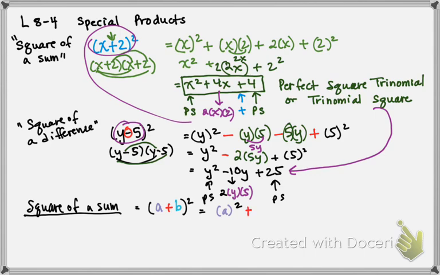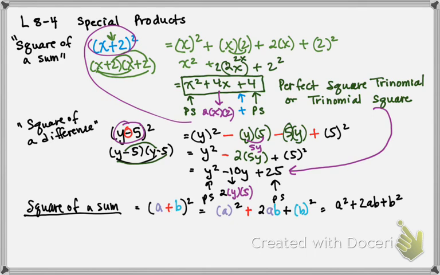We're going to get the same middle term twice, and that's going to be the a times the b. And then it's always going to say plus at the end, and then we're going to have the b term squared. And so that ends up giving me a squared plus 2ab plus b squared.